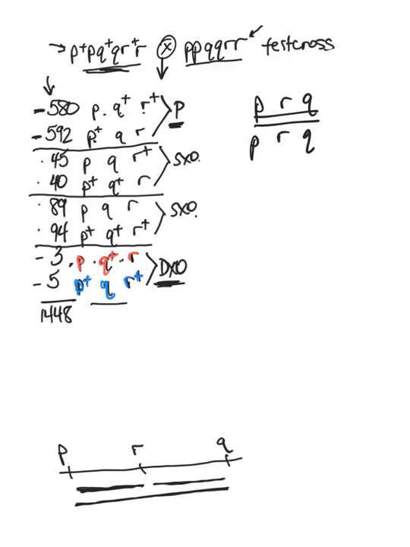So P, Q plus, and R plus is one linkage group. The other parental type linkage group is P plus with Q and R, right? Okay, so these are my parental types in the correct order with R in the middle.